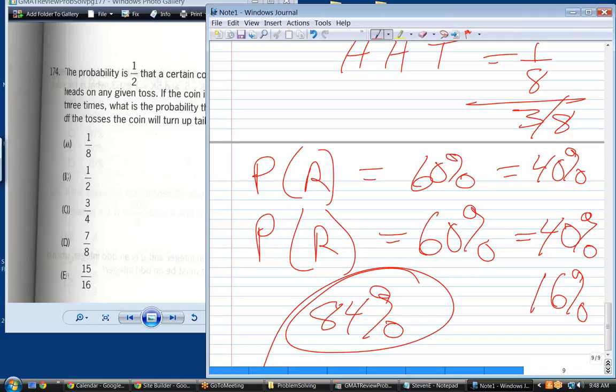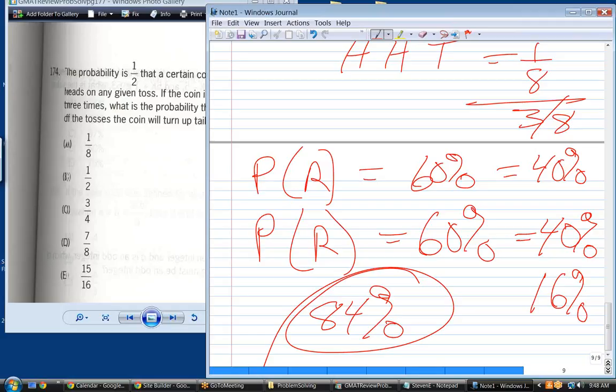Right, so in this case, you want to do the complementary method. The probability that it won't rain on either day is 40% on the first, and on the second is 40 again. In that case, you multiply those together because both of them have to happen. In other words, it has to not rain on the first day and it has to not rain on the second day, for it not to rain at all. So you multiply because we're using the word "and."